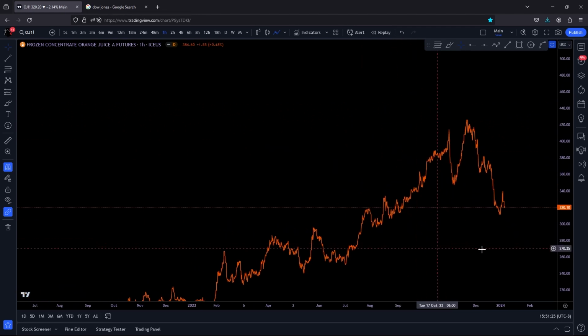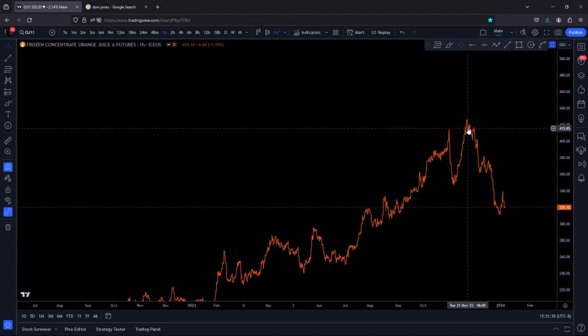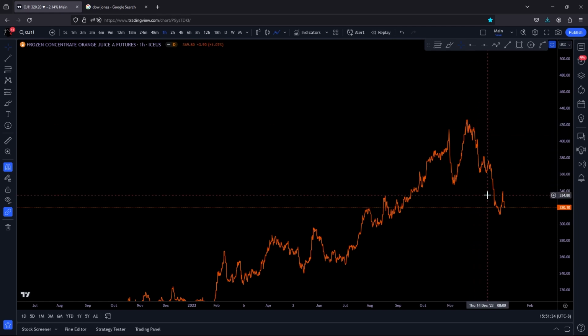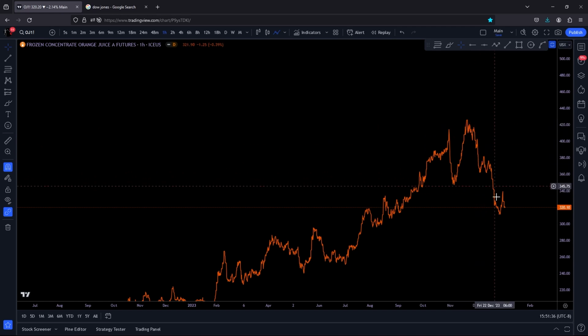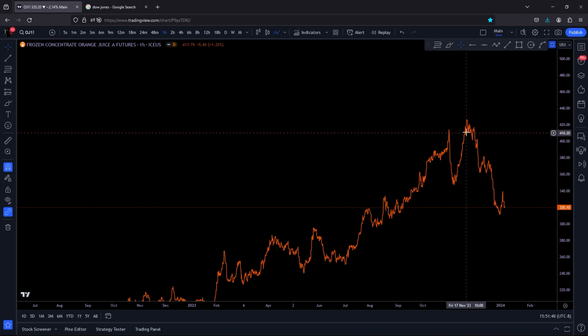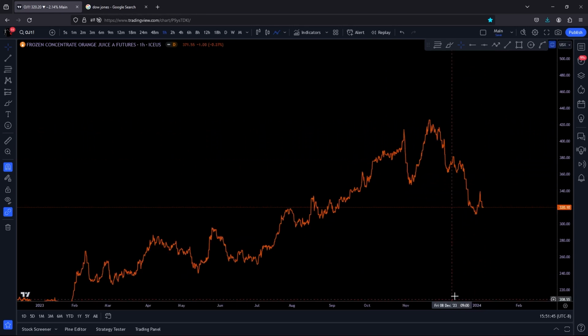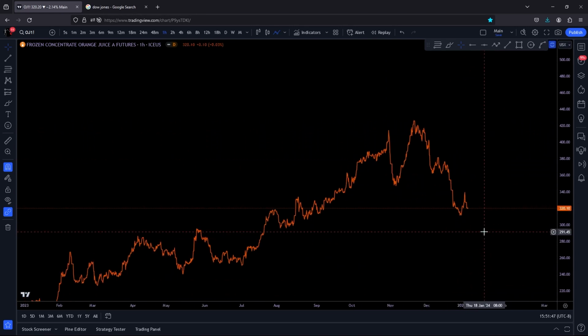So if you see a major dip, like right now, what's going on since November, you might want to look at, hey, I wonder if there's a reason why price is going down. So the chart is just a way to say, hey, something happened here. And if you want to know, do your own research.